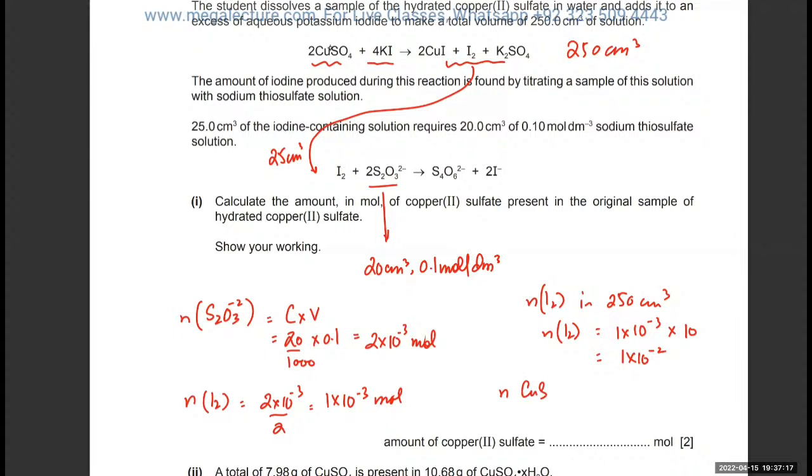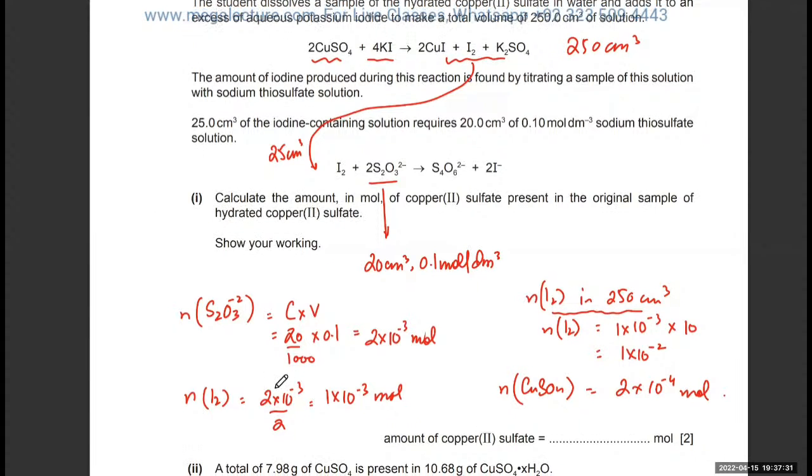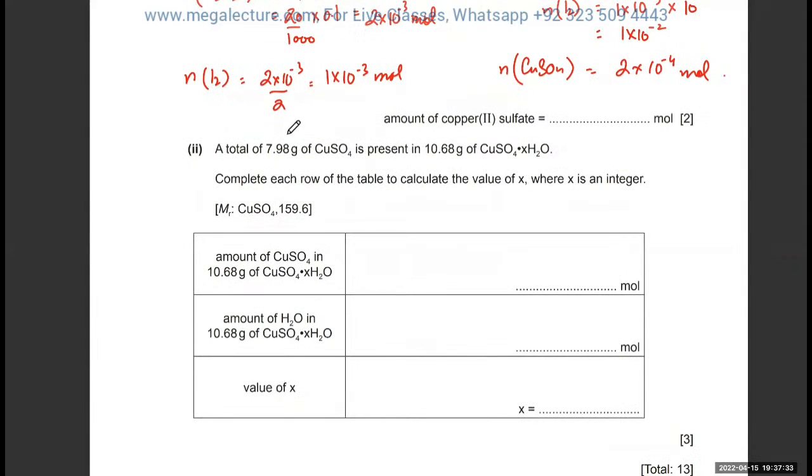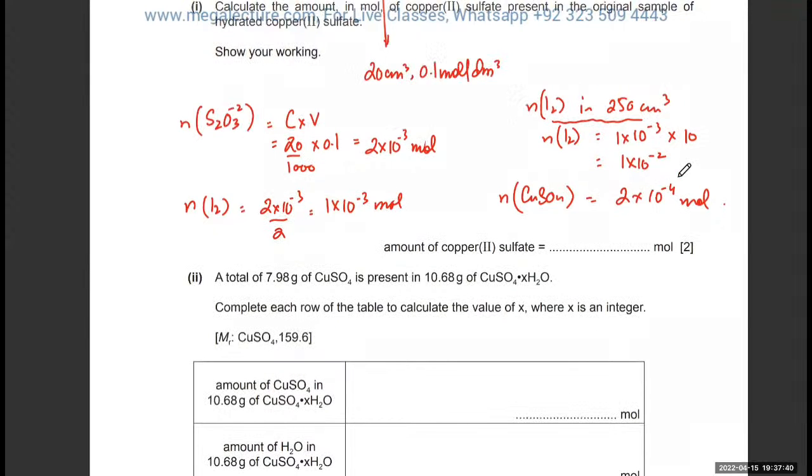So that was the last thing that you wanted. So it's going to come out to be 2 times 10 to the power minus 2 moles. I said, make sure you show your working as much as possible. Okay, is that clear?